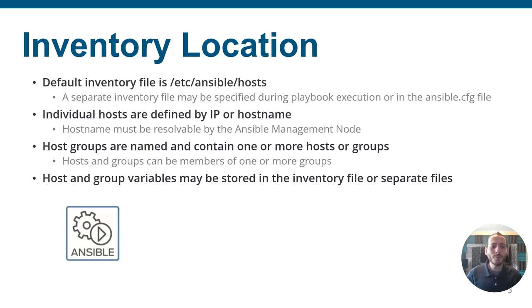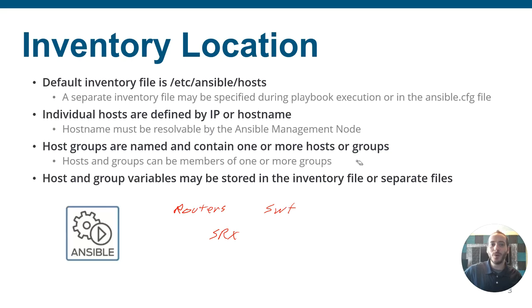So host groups are named. We would have a routers group, or a switch group, or perhaps an SRX group, right? They are named groups rather than group 1, group 2; you can actually specify names, and these contain one or more hosts or groups.